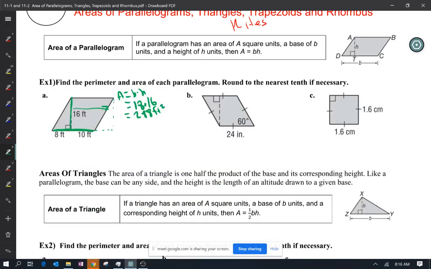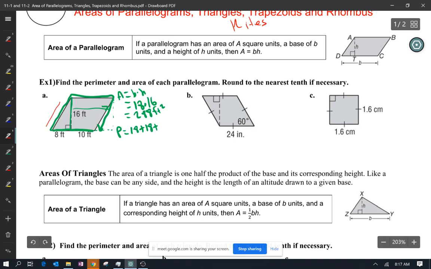All right, perimeter. Perimeter is going to be the distance around the shape, right? Well, I already know this, the top is 18. I know the bottom is 18. What I don't know is these two red sides. I don't know this side and I don't know this side, right? So let me clear this up a little bit. We have a right triangle here, and that's how we're going to find it, right?